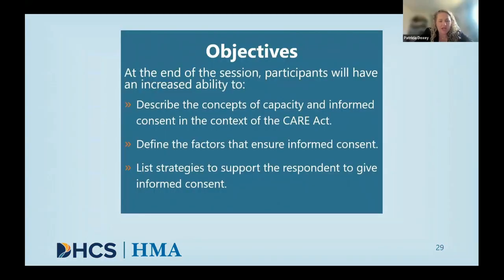Thank you, Daria, Mark, and Judge Cousins for that discussion and application of how the assessment of capacity and informed consent can apply to Mary and her journey through the care process.